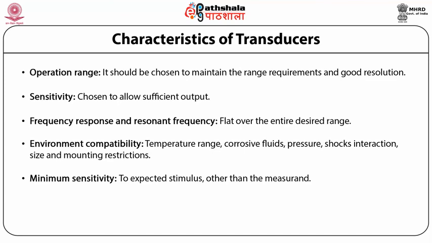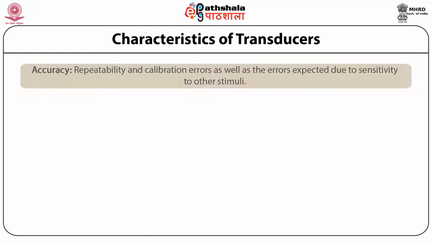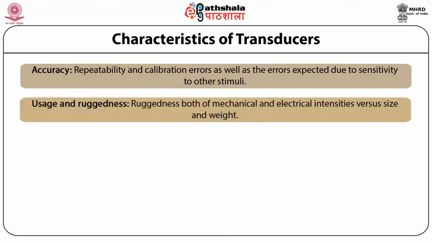Minimum sensitivity to expected stimulus other than the measurement. Accuracy, repeatability and calibration errors, as well as the errors expected due to the sensitivity to other stimuli. Usage and ruggedness.